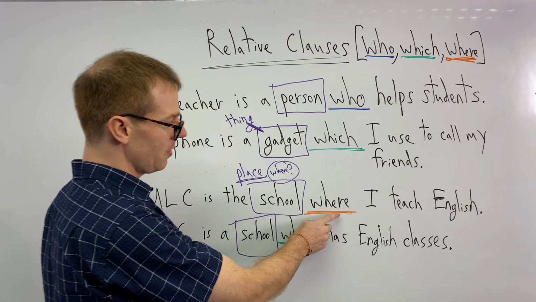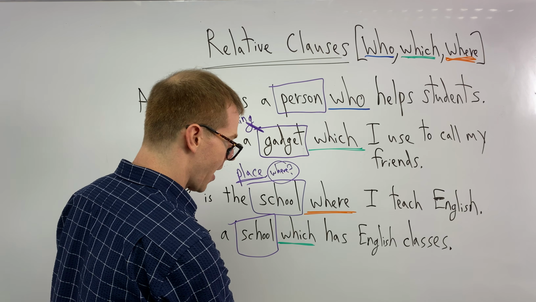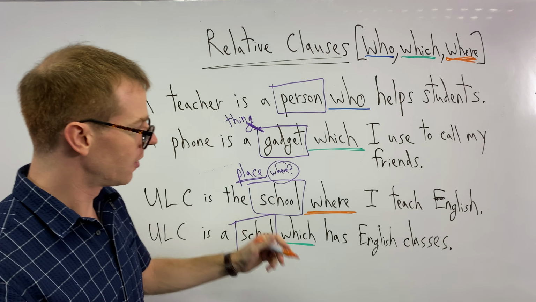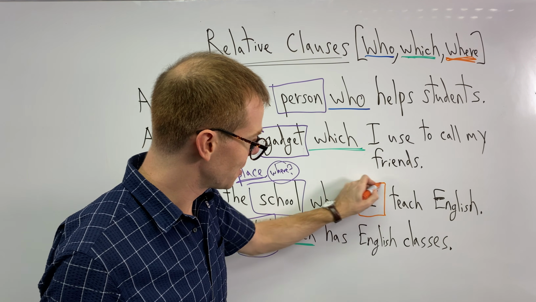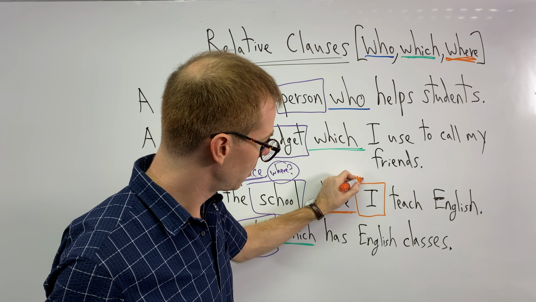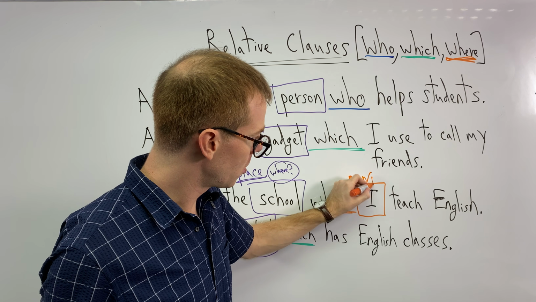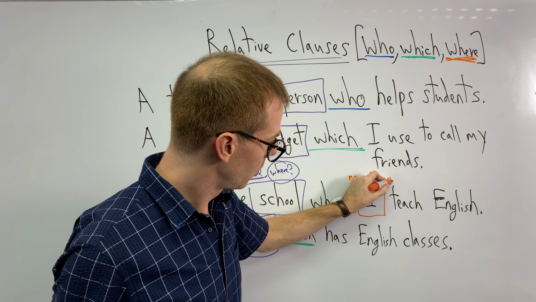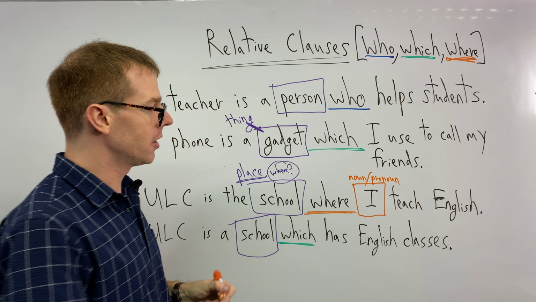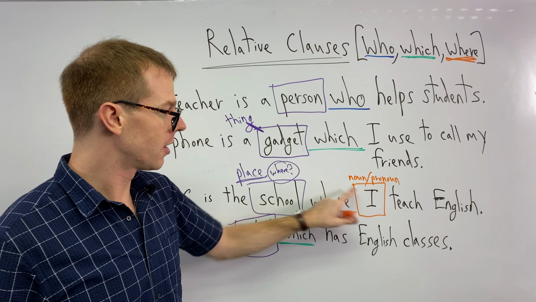Well, for this one, after the where, I'll use the orange. I have an I. I have, right, a noun, or I have a pronoun. If you see that there, we're going to usually use the where.